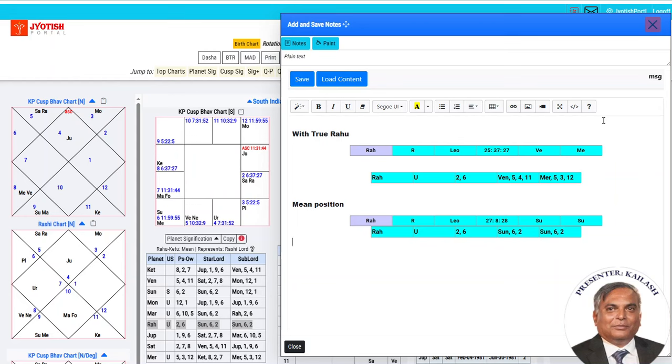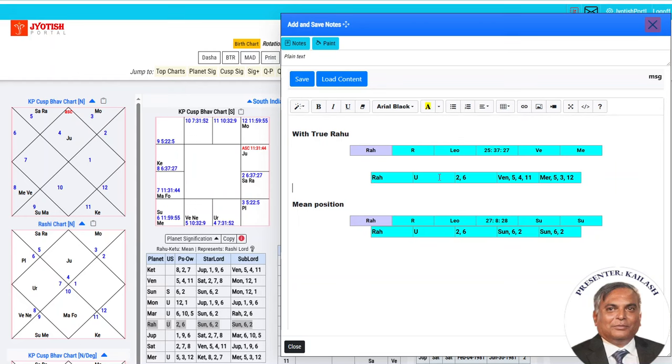If you compare, then only you can appreciate how much difference sometimes can happen with the true and the mean. True Rahu is 25°37 and the mean position is 27.8. It's quite a lot of difference.